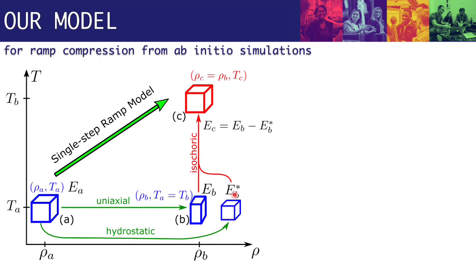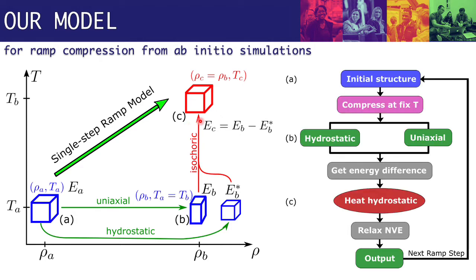And then the energy difference between them is added to the kinetic energy of the sample, such that we get a new temperature as a result. So we start with an initial structure, perform both compressions at the same temperature, get the energy difference, and we heat up the hydrostatically compressed sample. Then the output of this simulation is used as the next step for our RAM compression model.